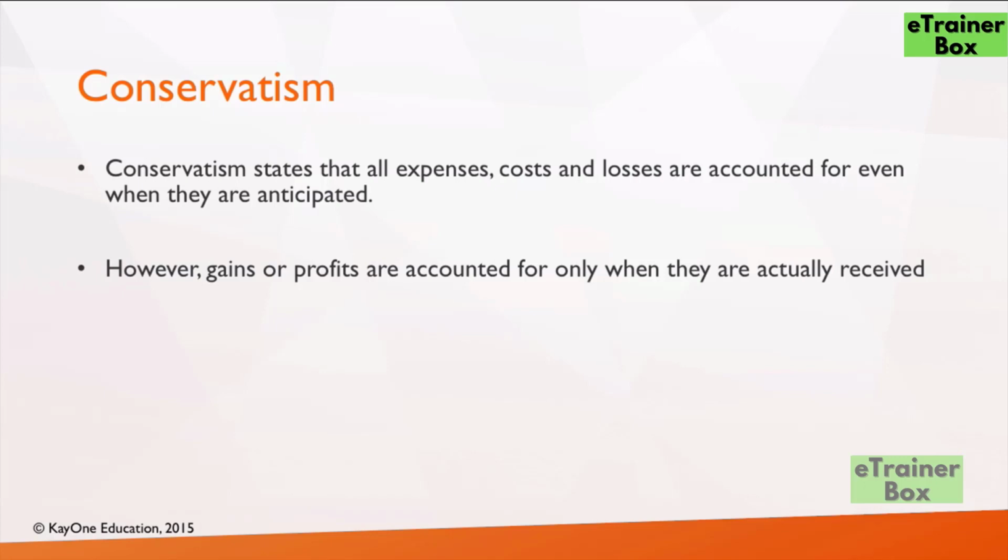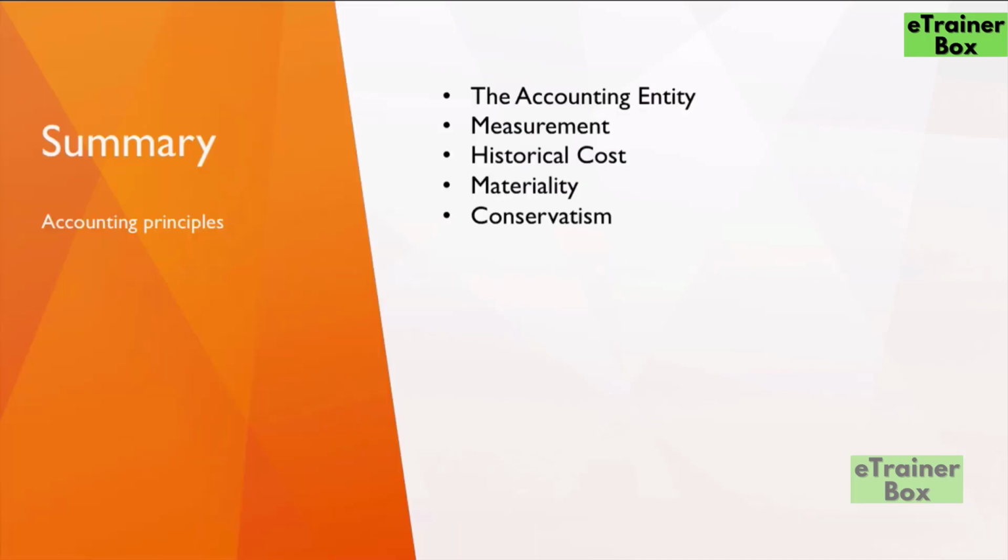Under the conservatism principle, your books of accounts are supposed to account for it whenever the likelihood of loss is being established. On the other hand, if let's say you've made a gain and you're likely to receive those profits 2 months down the line, again, under the conservatism principle, these gains are not accounted, and they're accounted only when they are actually received.